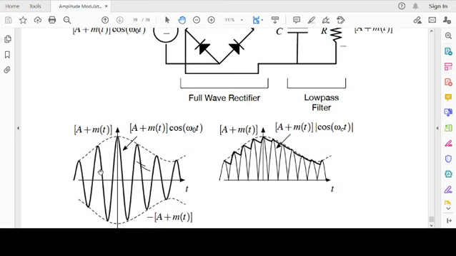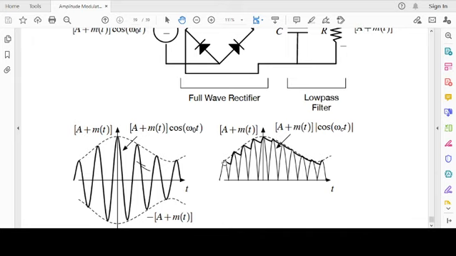In that case, for the original signal, the intermediate full wave rectifier output would be like this, because the lower portion of the original signal is flipped up, and then you choose RC such that it follows this.